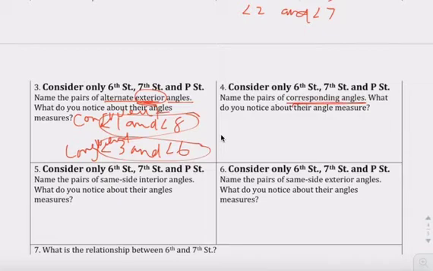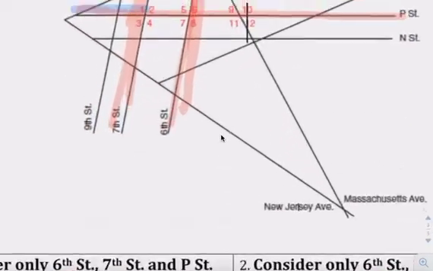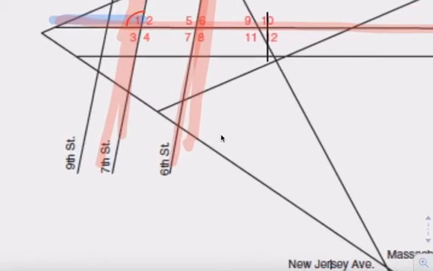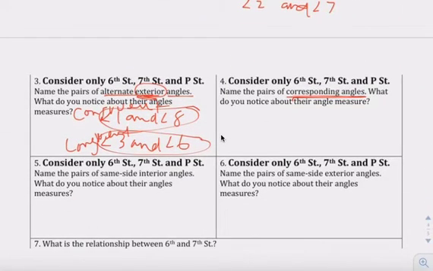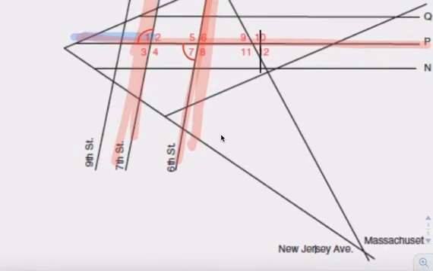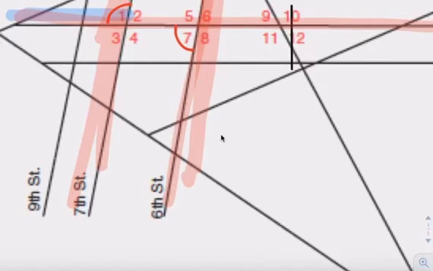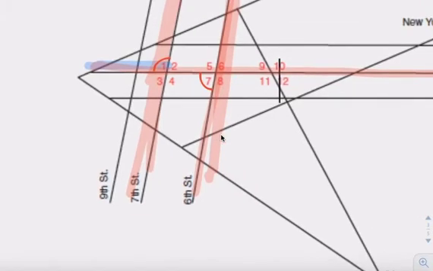Corresponding angles. Aha! Corresponding angles. Angle 1 corresponds to angle 7. Angle 3 corresponds to angle 5.